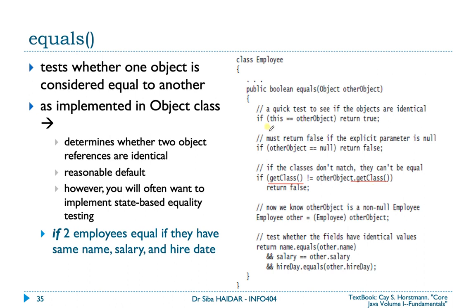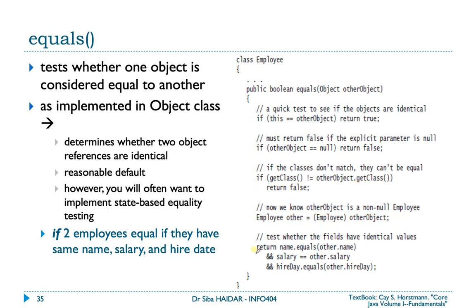Next step, if you didn't return by the first three statements, they have the same class, the other one is not null, and they don't refer to the same object. Now we know otherObject is a non-null Employee, so you cast. Because getClass replaced instanceof, you are sure now that the casting will not lead to a broken promise. So you cast to Employee, and now you have the otherObject cast into an Employee variable named other.